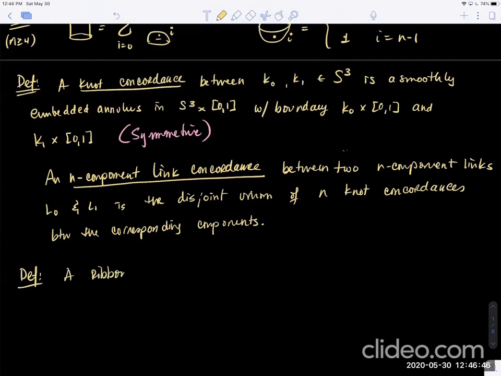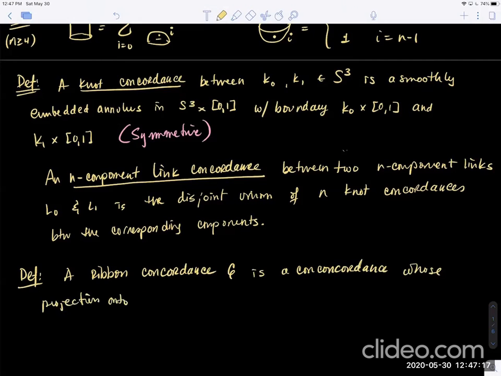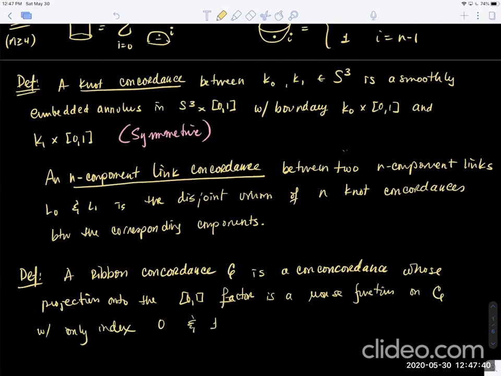So a ribbon concordance, which I'm going to call C, between again two knots or two links, is a concordance whose projection onto the [0,1] factor is a Morse function on C with only index 0 and 1 critical points.